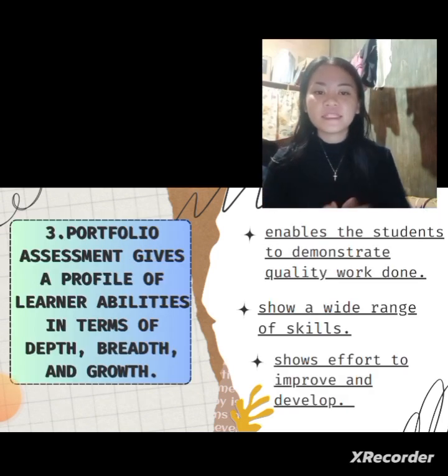Next, portfolio assessment gives a profile of learner abilities in terms of depth, breadth, and growth.